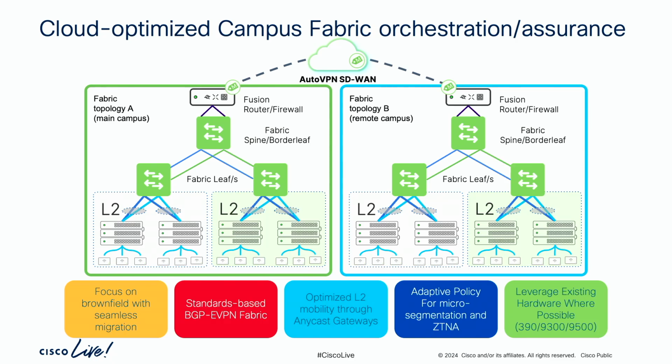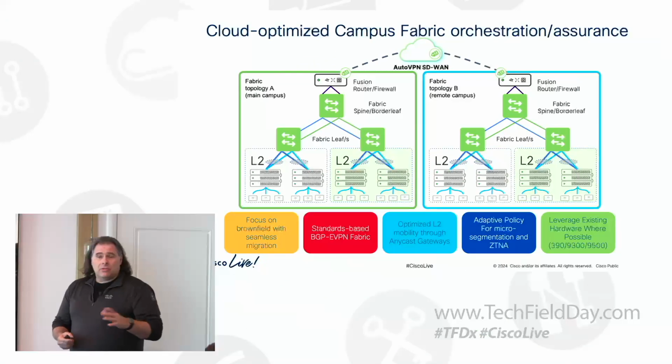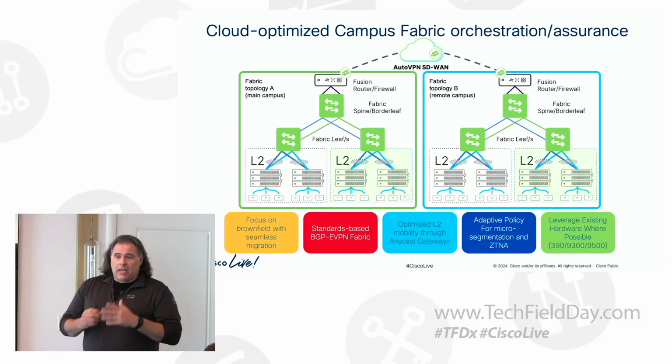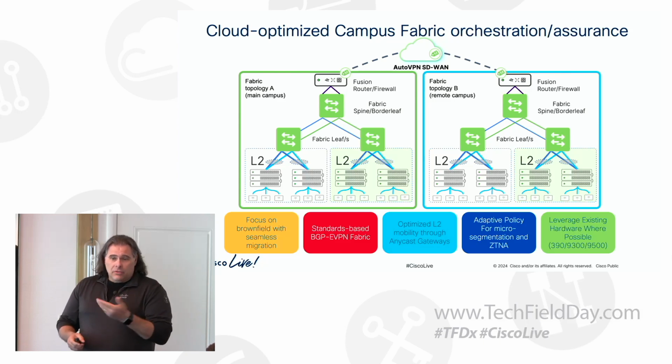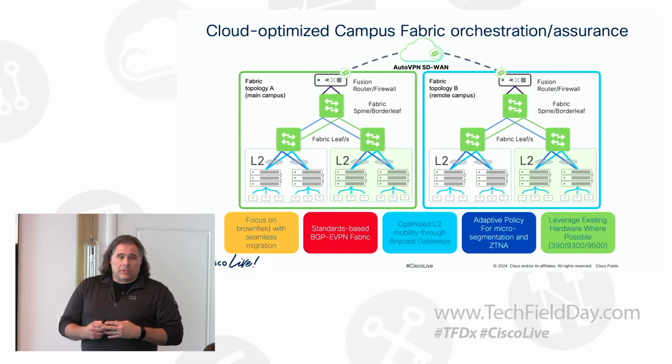Again, we're doing operational simplification through the dashboard, and we're going to use the easy button to bring these fabrics to market, right? So we're targeting those customers that want to bring this in using adaptive policy at the edge, mapping it to these EVPN VXLANs, and then bringing an end-to-end segmentation model. So as we go from the how and the where, this is how we're going to get it out to the customers as quickly as possible.